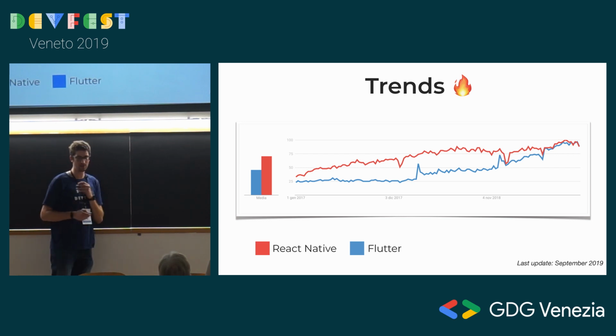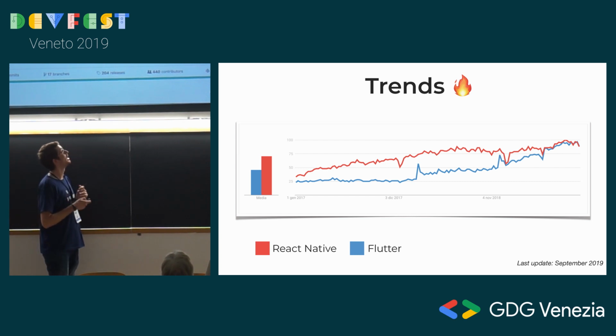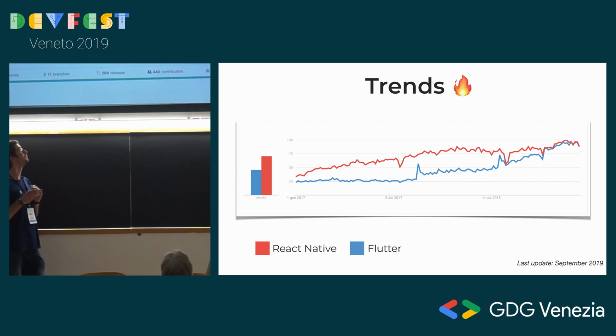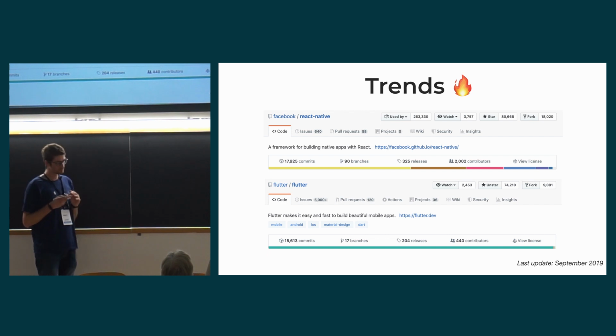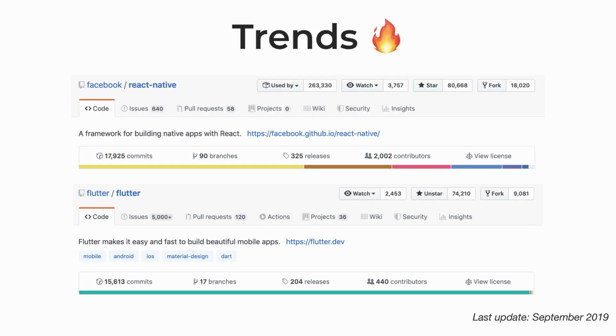Another sign of the trend is the GitHub repositories. The stars are basically the same, but there are lots of issues on Flutter, though this can be both a good and a negative sign.